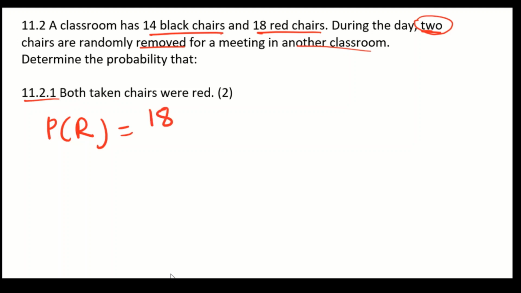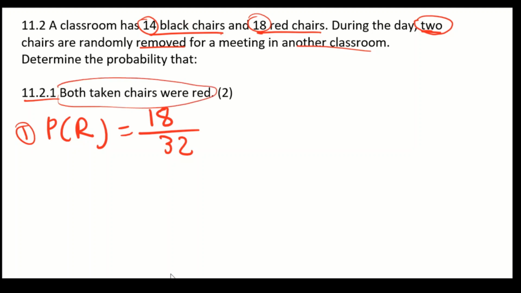What is it? It's 18 chairs that are red. And then what is the total number of chairs? So now you're including both 14 and 18, you're going to get 32 chairs. So the first thing here, say the first pick is you're going to take 1 out of the 18 red chairs because we want 2.